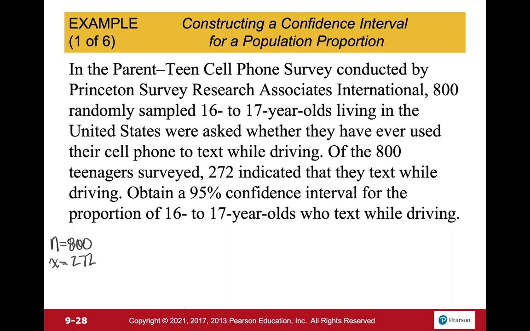Obtaining a 95% confidence interval, so with 95% confidence, find the population proportion of 16 to 17-year-olds in the United States who text while driving.